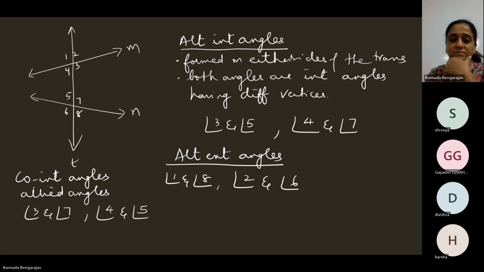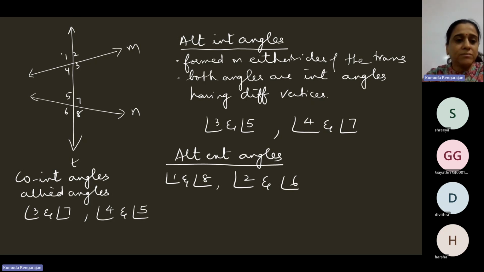Now, you can see that we have only written the pairs of angles that are called corresponding angles, alternate interior angles, alternate exterior angles, and co-interior angles. There is no other relation between them.